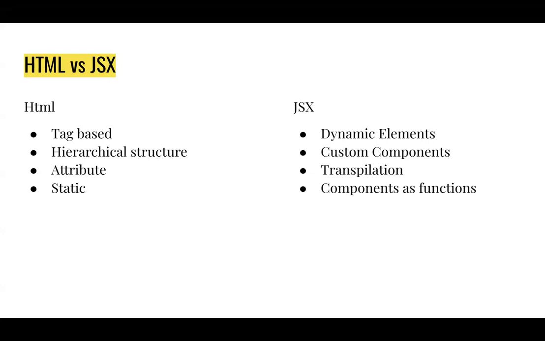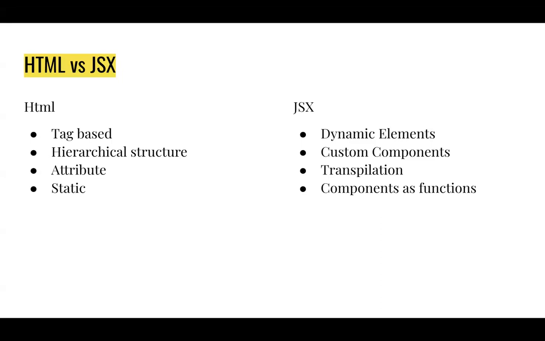JSX is more dynamic with its elements. JSX is dynamic and expressive. It allows you to embed JavaScript expressions, variables, and functions within your HTML-like code, enabling dynamic content generation and interaction. This is something that the traditional HTML file doesn't have.